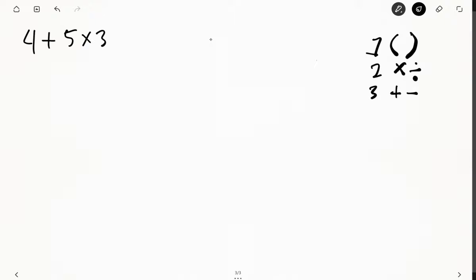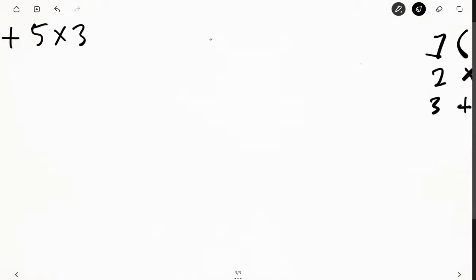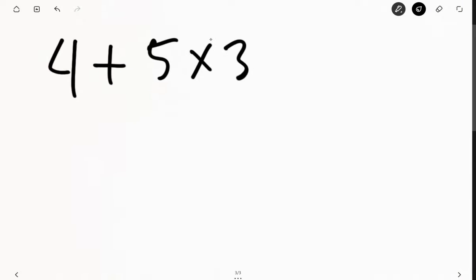So let's look at how that applies to our problem today. 4 plus 5 times 3. Do we have any parentheses? No. Do we have multiplication or division? Yes, we do. We have some right here. So we're going to do that first.